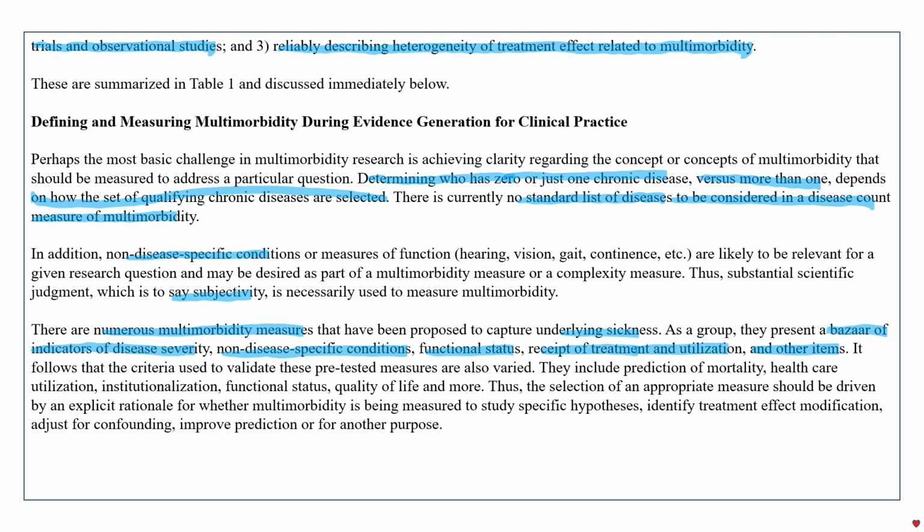They include prediction of mortality, healthcare utilization, institutionalization, functional status, quality of life, and more. Thus, the selection of an appropriate measure should be driven by an explicit rationale for whether multimorbidity is being measured to study specific hypotheses, identify treatment effect modification, adjust for confounding, improve prediction, or for another purpose.